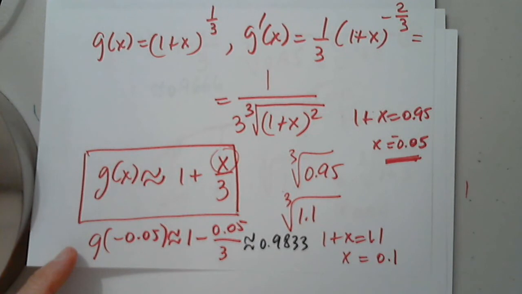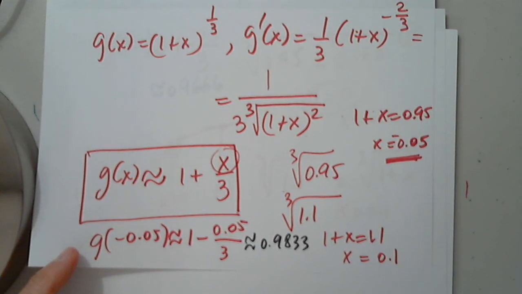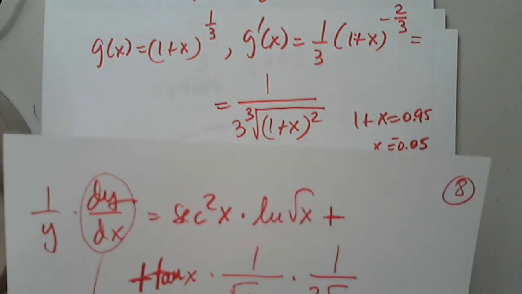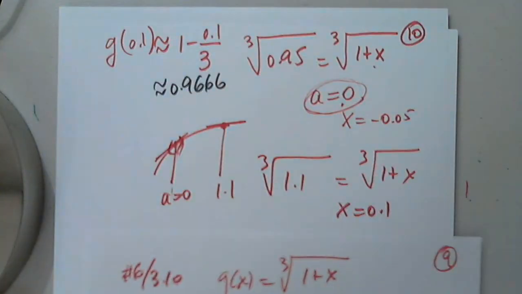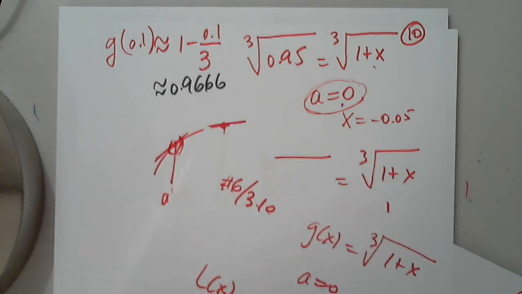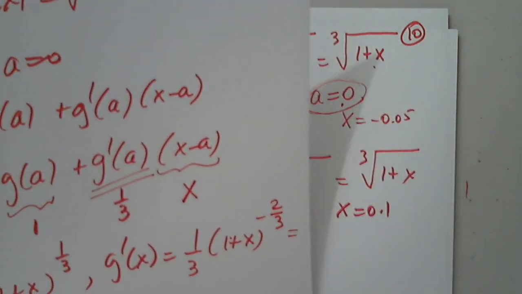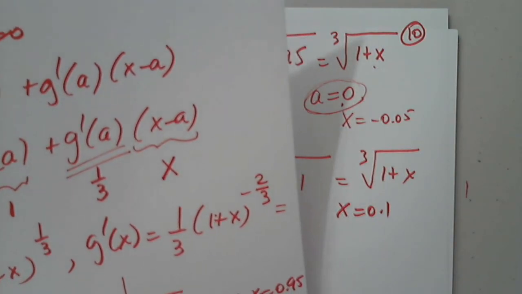So we claim that 1 plus 0.1 divided by 3, what was it? Careful, I think I wrote it wrong, so sorry.